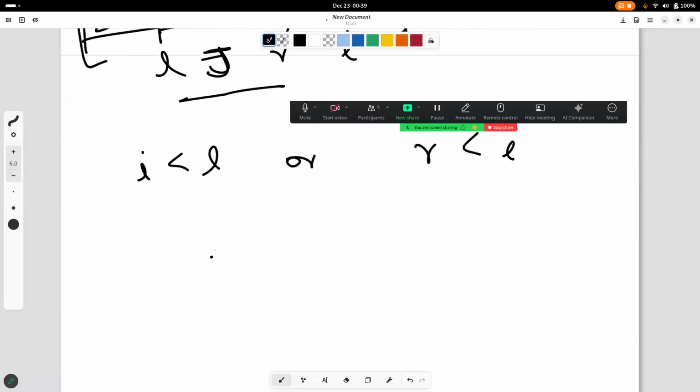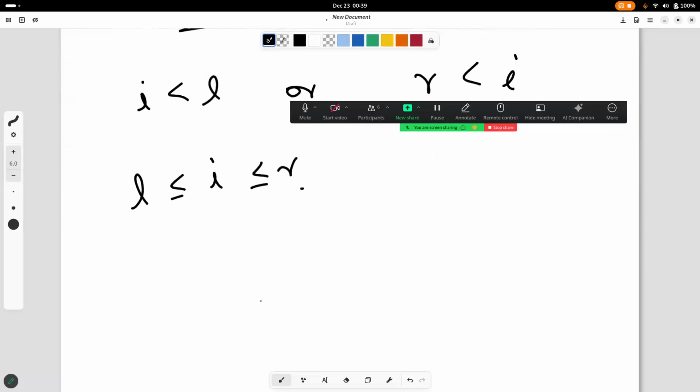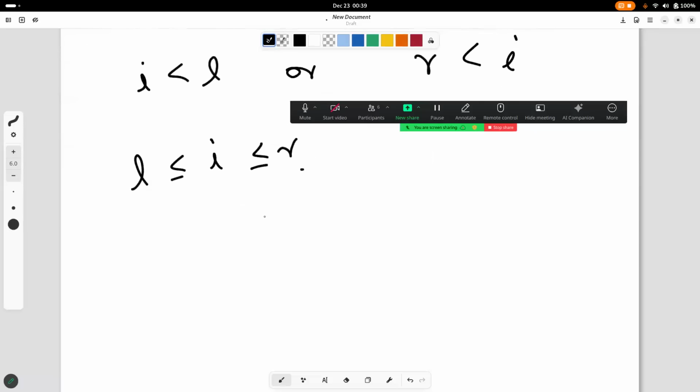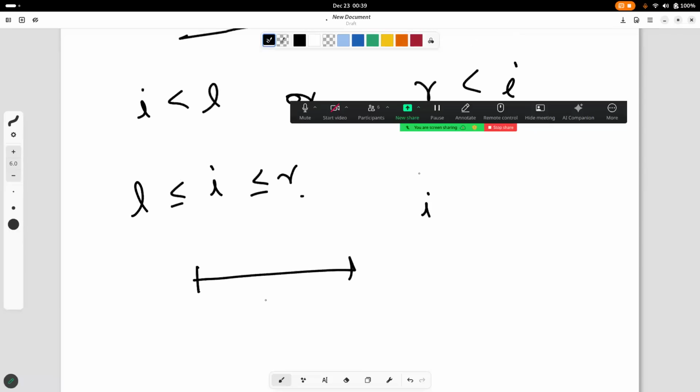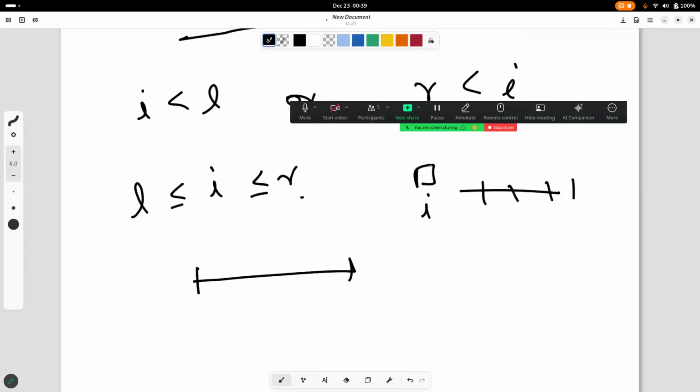What happens when this I is greater than or equal to L and less than or equal to R? Well, that's where you have a slight problem. If you look at I, when you operate on I and put it at the end of the stack, this is basically pulling all the elements to its right one place to the left.